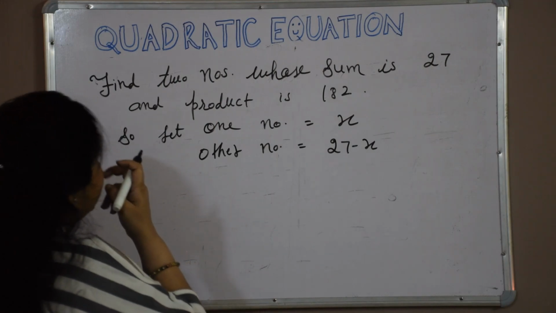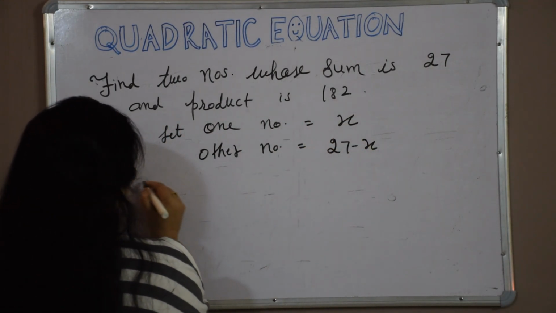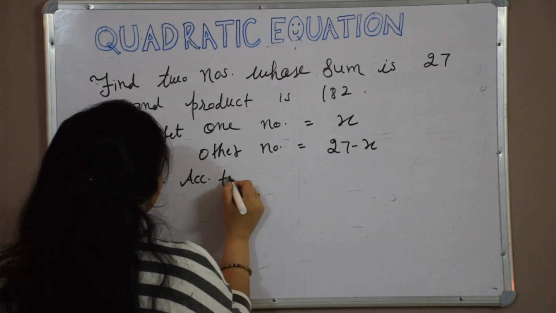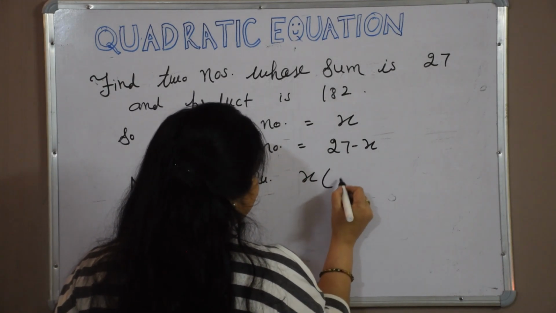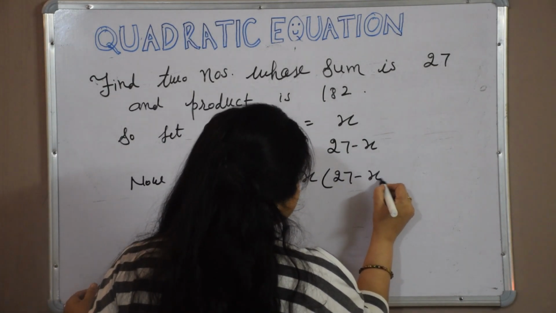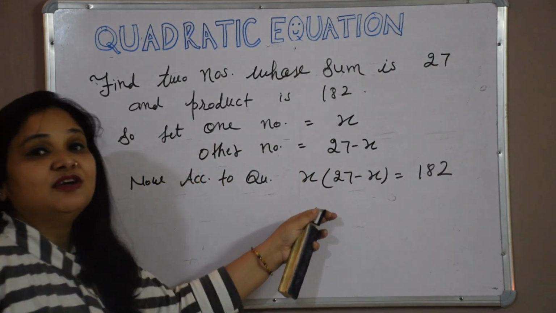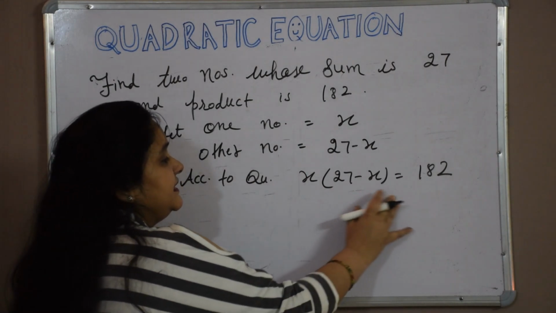Now it is given that the product of these two numbers is 182. According to the question, x is one number, the other number is 27 minus x, and their product is given as 182. This is the part we have to see carefully.